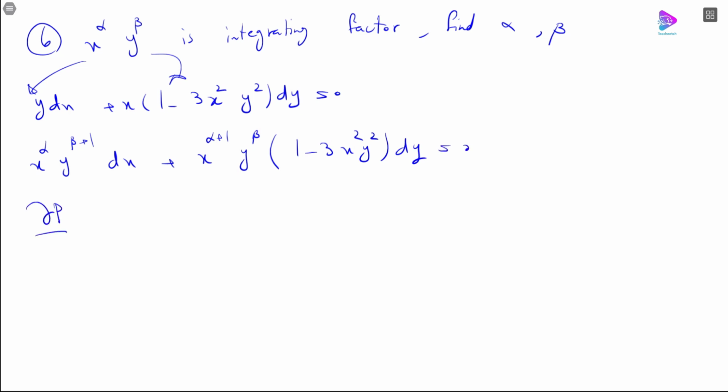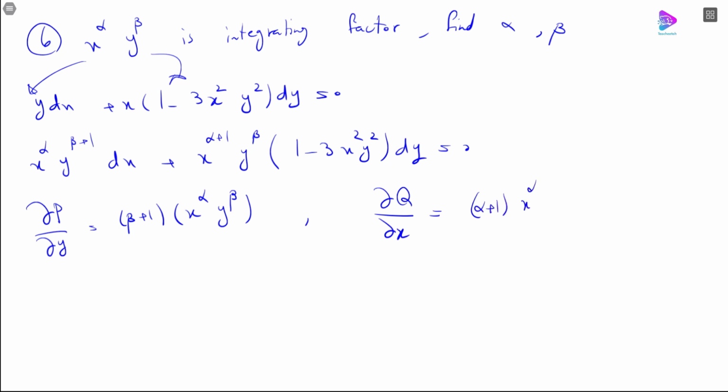So dp over dy is equal to beta plus 1, x to the power of alpha, y to the power of beta, and then at the same time dq over dx is equal to alpha plus 1, x to the power of alpha, y to the power of beta, minus 3 alpha plus 3, x to the power of alpha plus 2, y to the power of beta plus 2.